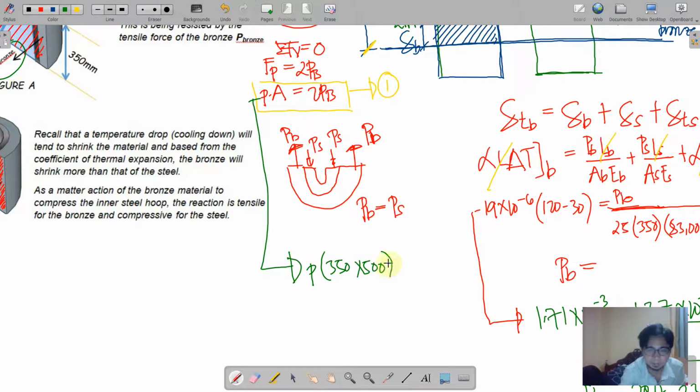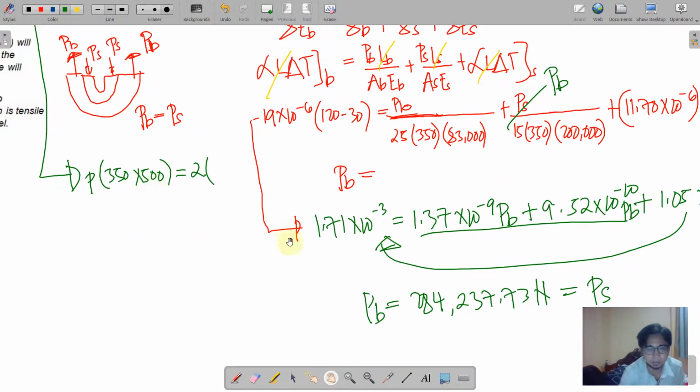Okay, this is equal to 2 times PB, which is that 284,237.73.